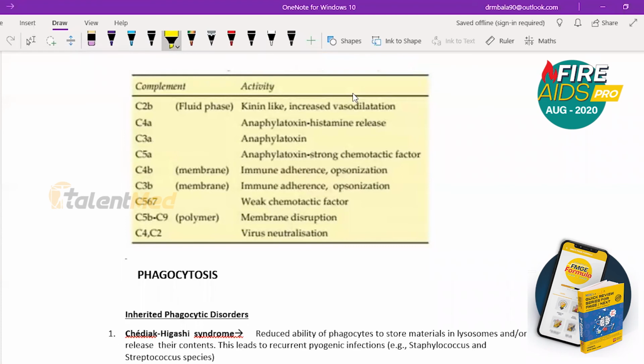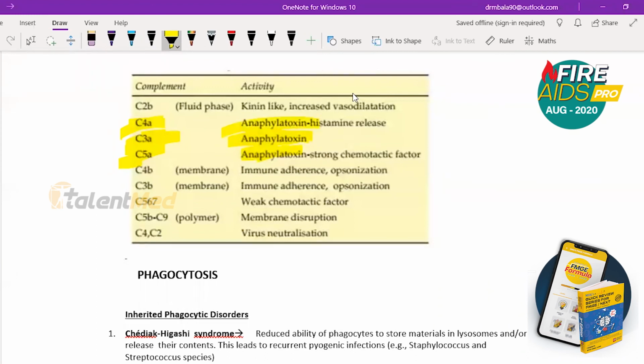Only three points I'd like to say from this. One is anaphylatoxin, that is C3a, C5a, C4a. When you find an A in any complement, remember it is anaphylatoxin.